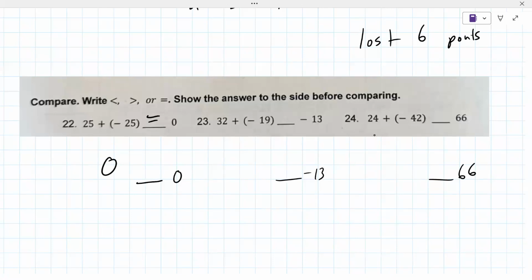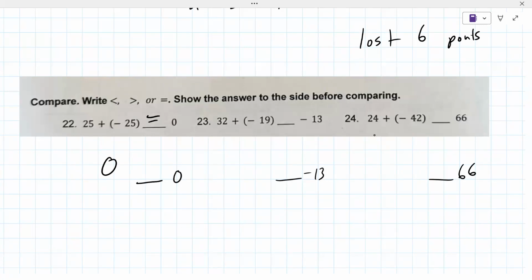And 32. That one is equal as well. For 23 is equal, because both would equal 13.